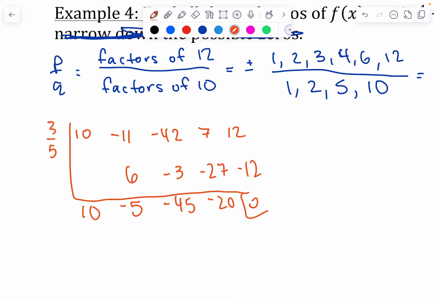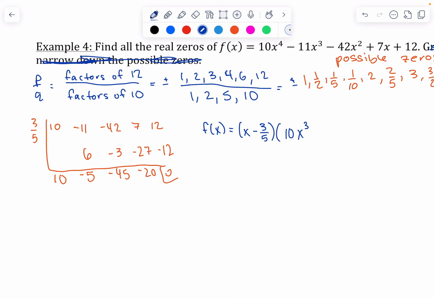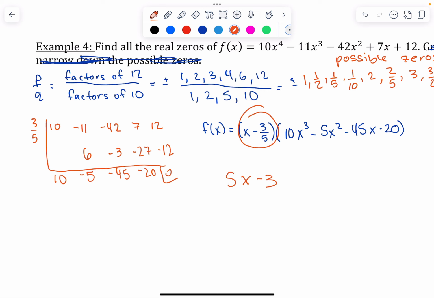Okay. So now I can use this information to rewrite f of x. So f of x is now x minus 3 fifths times 10x to the third minus 5x squared minus 45x minus 20. Now, your textbook writes this factor as 5x minus 3.